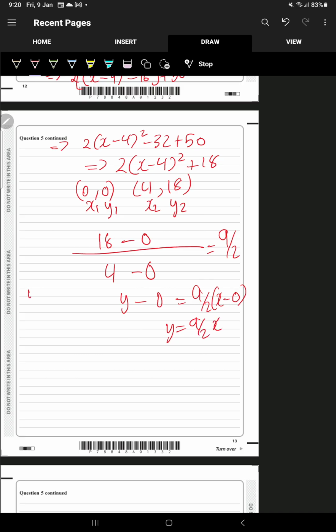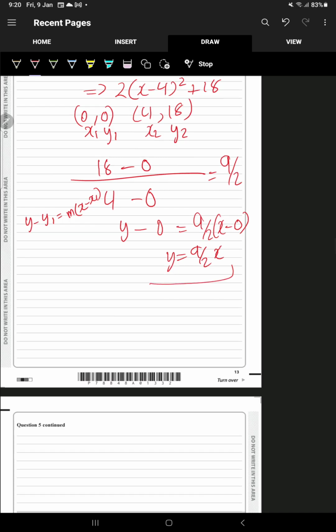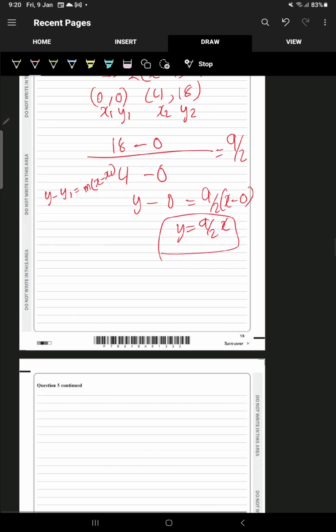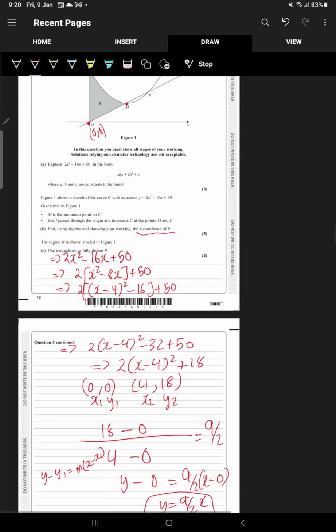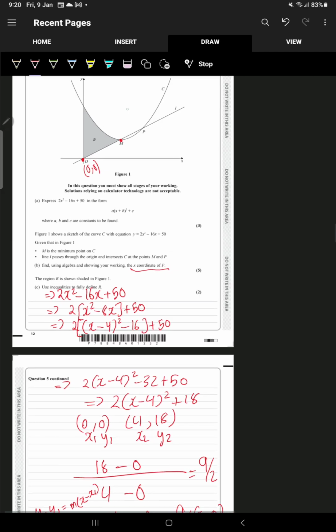You can use this formula here, and you can pick any point. So this is going to be our straight line equation. Now if we have this equation and we have this equation here, we can find the points of intersection.